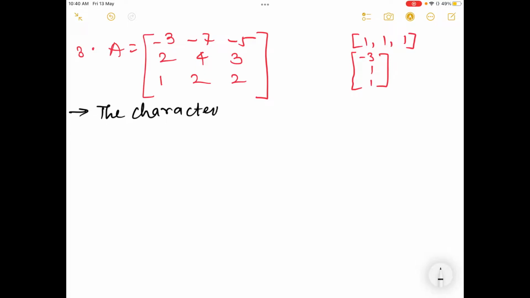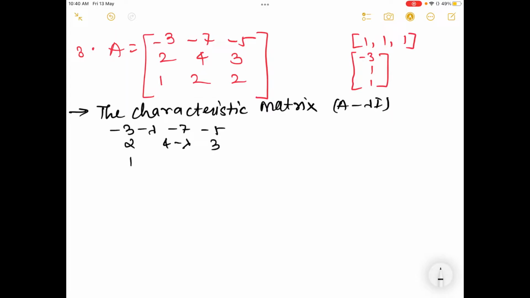So we first define the characteristic matrix, represented as A minus lambda I, which can be written as [-3 minus lambda, -7, -5; 2, 4 minus lambda, 3; 1, 2, 2 minus lambda]. This is the characteristic matrix.